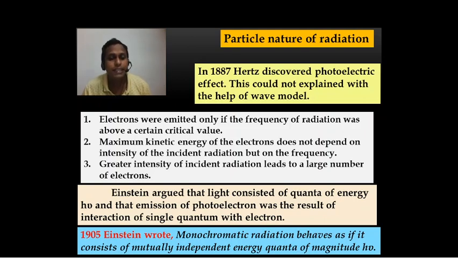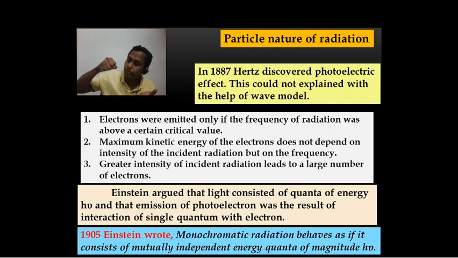Okay, so in this situation, Albert Einstein argued that light consists of quanta of energy h nu. The emission of photoelectrons was the result of interaction of a single quantum with an electron.